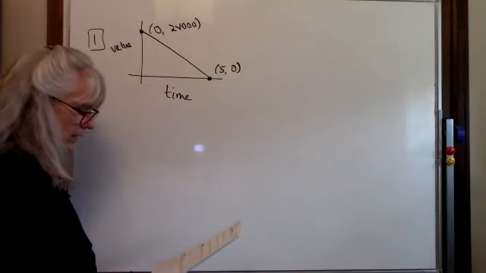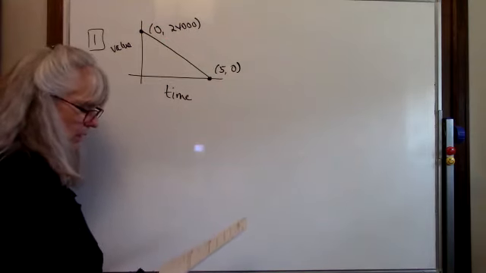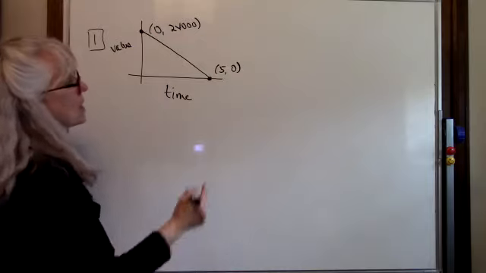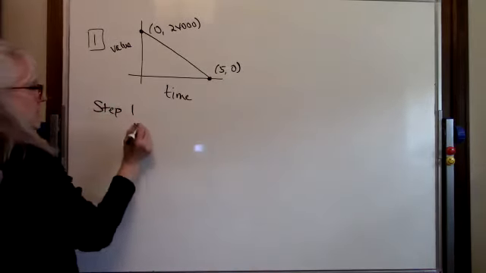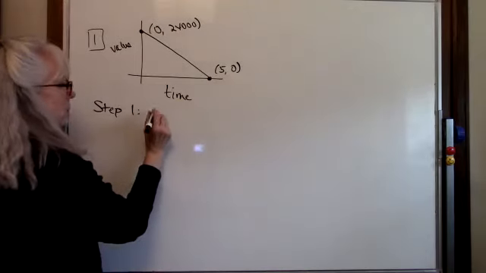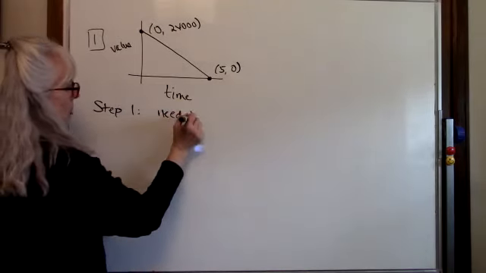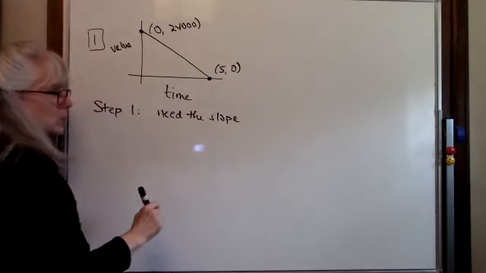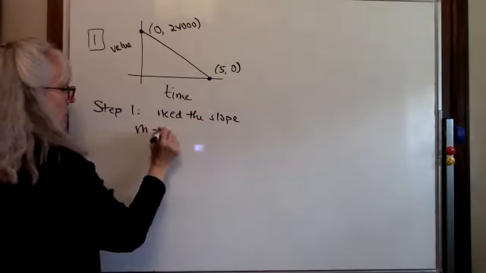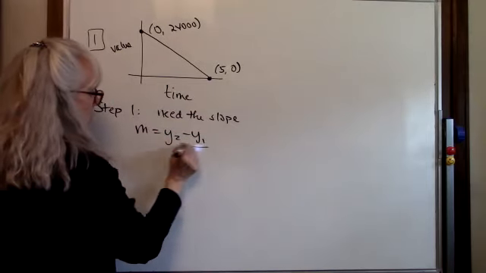So what we're going to do is find the book value at the end of 3 years by writing the equation of the line. So our very first step, step 1, is to find slope. We need the slope. Good thing we know how to find the slope. We're going to do y2 minus y1 over x2 minus x1.